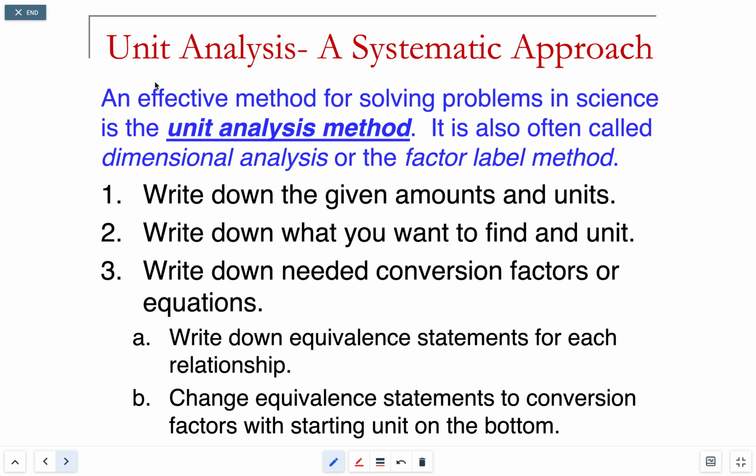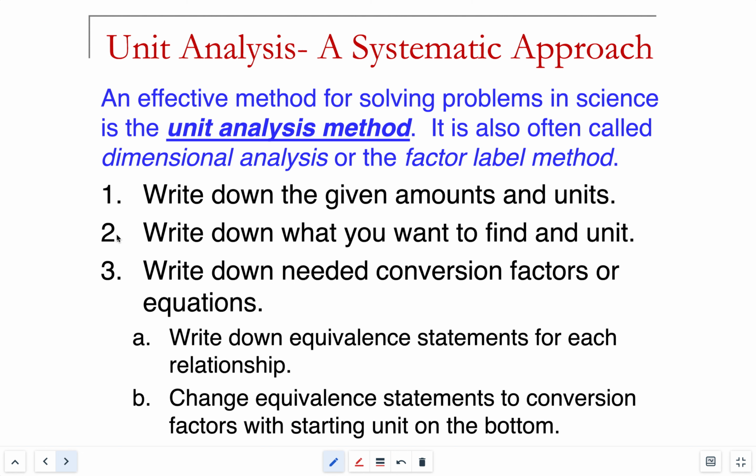In fact, let's go ahead and just review the systematic approach one more time. We've already been doing this. The first step is to look at the algebra word problem and write down your input, your starting point, the given amounts along with the units. Then write down where you're trying to get to. What are the units of the solution?